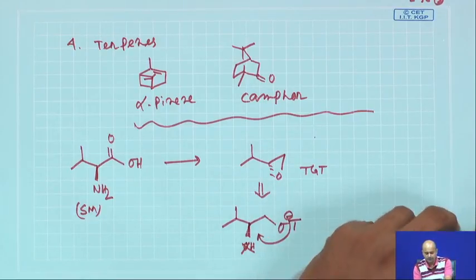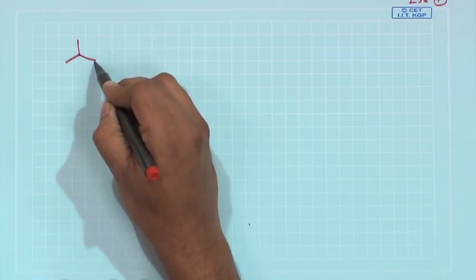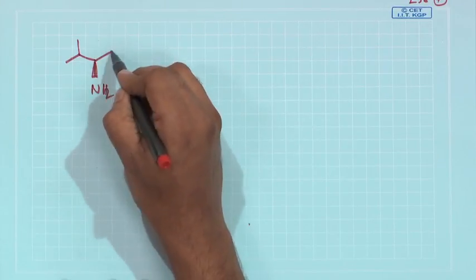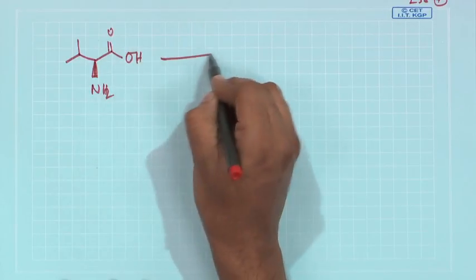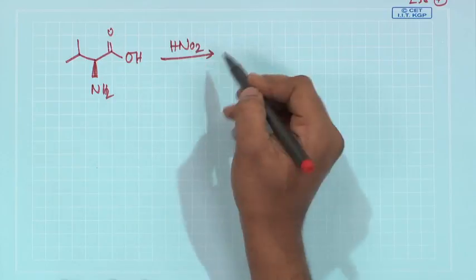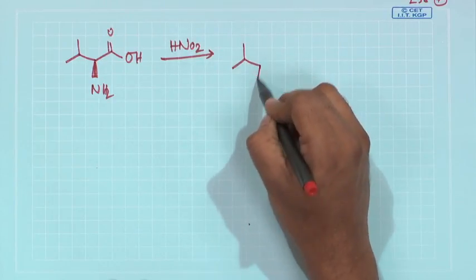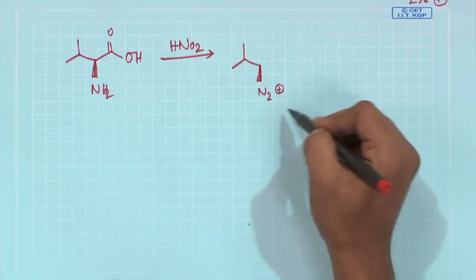Now, these amino acids behave in a unique way for a particular reaction, which we will now be discussing. If you have alpha amino acids, you react with nitrous acid, which will basically diazotize the amino group and convert this amine group to a diazonium.